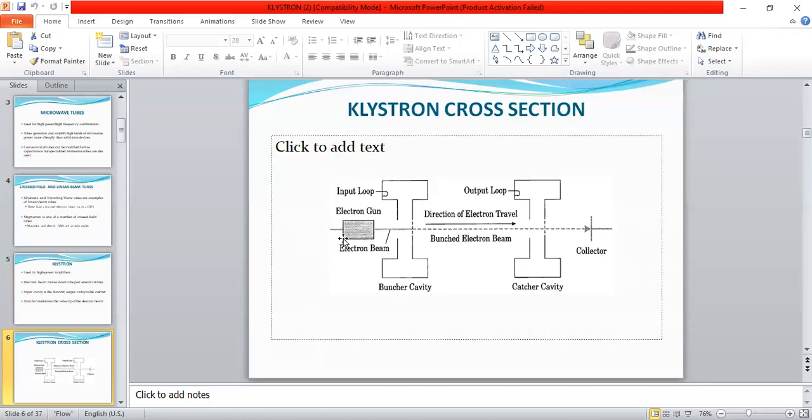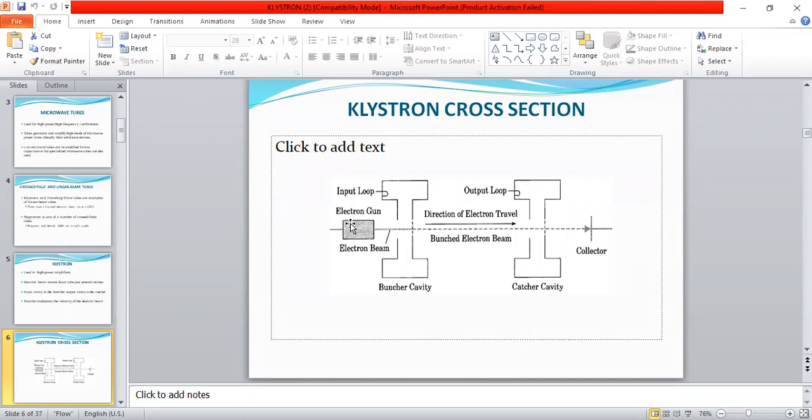Then, coming to this electron gun, the electron gun has a cathode, and the cathode has a filament. Now we apply a negative DC supply, that is, the negative terminal of the DC supply is connected to the cathode of the electron gun. When the negative terminal of the DC supply is connected to the cathode, the filament in the cathode will heat up.